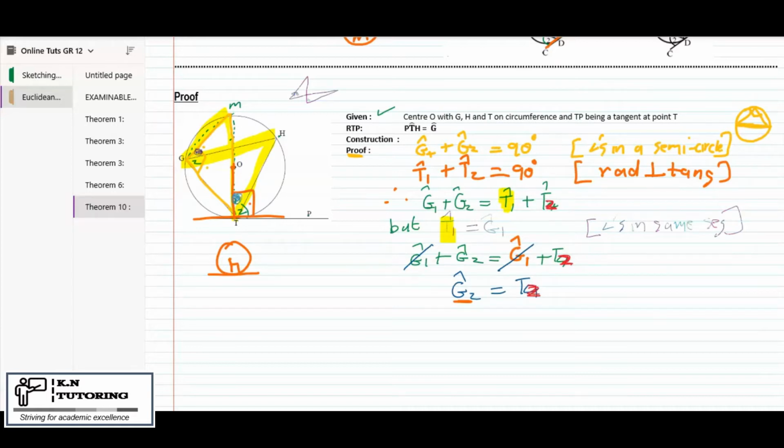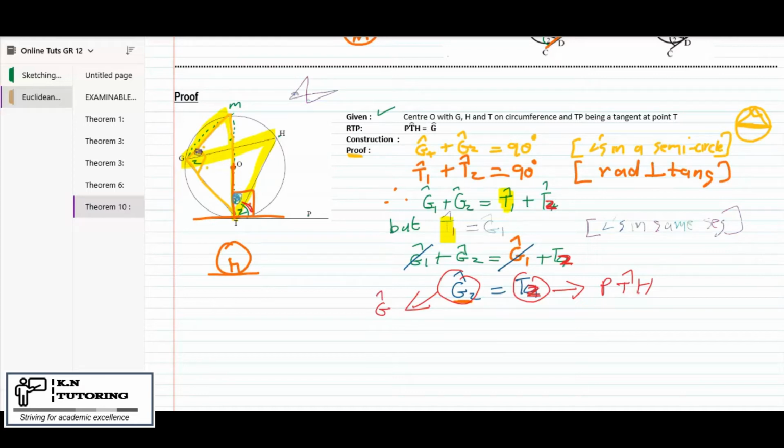But now, this T2, which is here, I can write it as PTH. So this is the same as PTH. And then this G2 I can write as G without a construction.